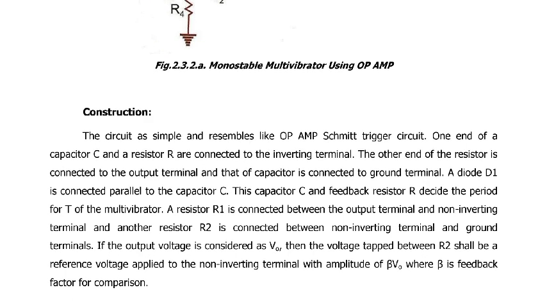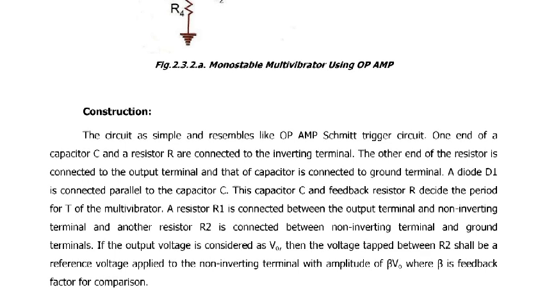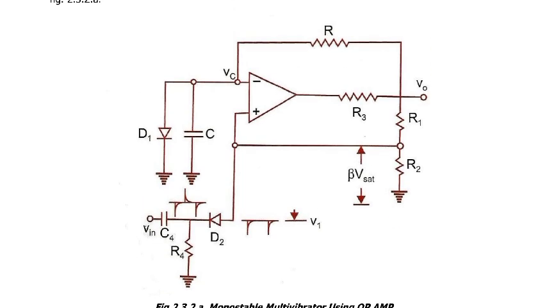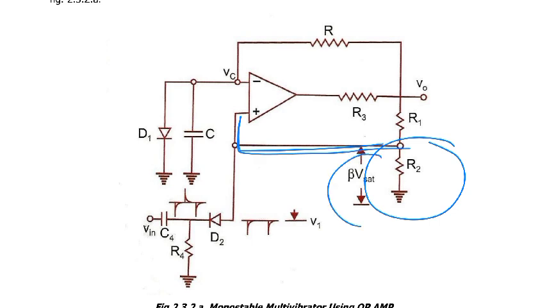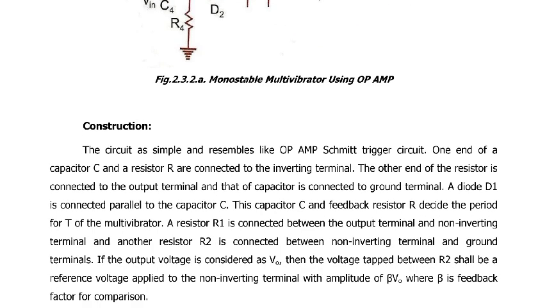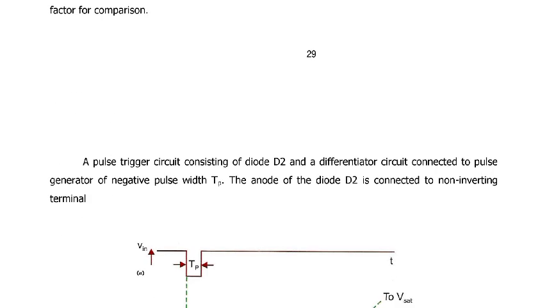If the output voltage is considered as V0, then the voltage tapped across R2 will be the reference voltage, alpha times V0. This is the reference junction for the comparator, for checking the level of the comparator.